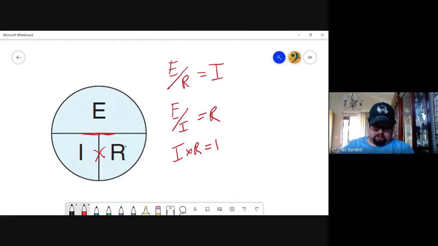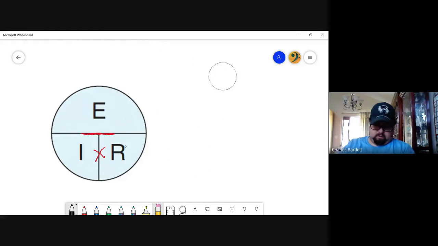Now, when I was a first year student, I got to the point where I could memorize these equations. And I did that until I realized that all of this stuff is in the book.